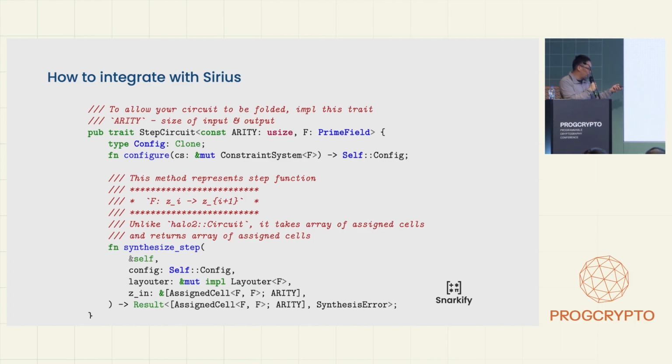And of course, z_in and z_out have to be the same dimension to fit into this whole category. With this, if you implement this trait, our IVC circuit from Sirius can take your circuit as part of our big IVC circuit and fold it n times, and finally we decide at the last step. So this is how we integrate the user-defined circuit.